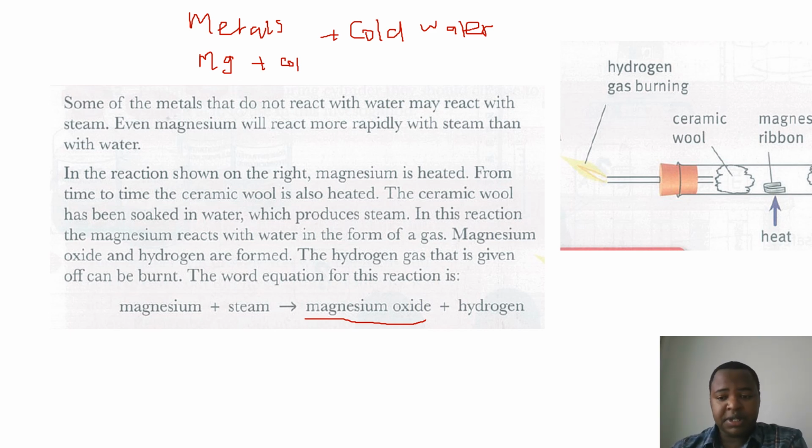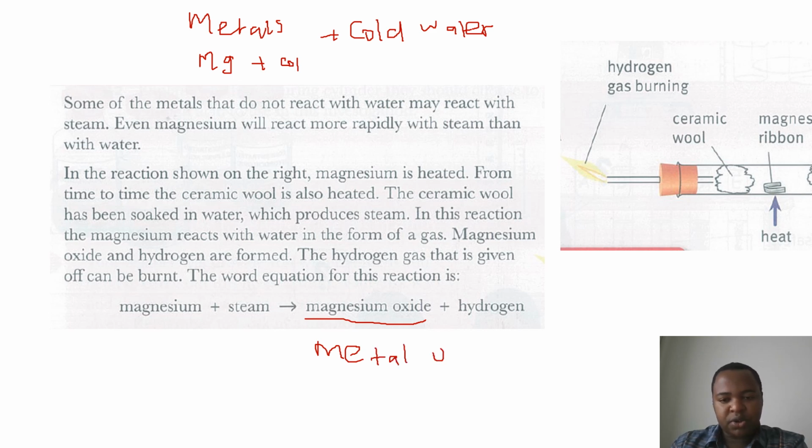But if you take the same piece of magnesium and react it with steam instead, like in this demonstration here, you get the magnesium ribbon and steam produced here reacting with this magnesium. A very vigorous reaction, and instead of getting a metal hydroxide, you get a metal oxide plus hydrogen gas.